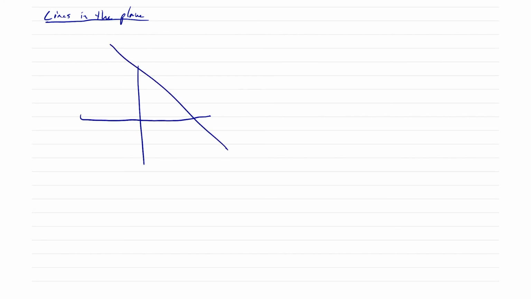Okay, so let's go ahead and talk about lines in the plane. Basically, taking a look at the plane, we're going to have some line going through it. The idea of how we want to describe it is that we want to do this all in polar coordinates.